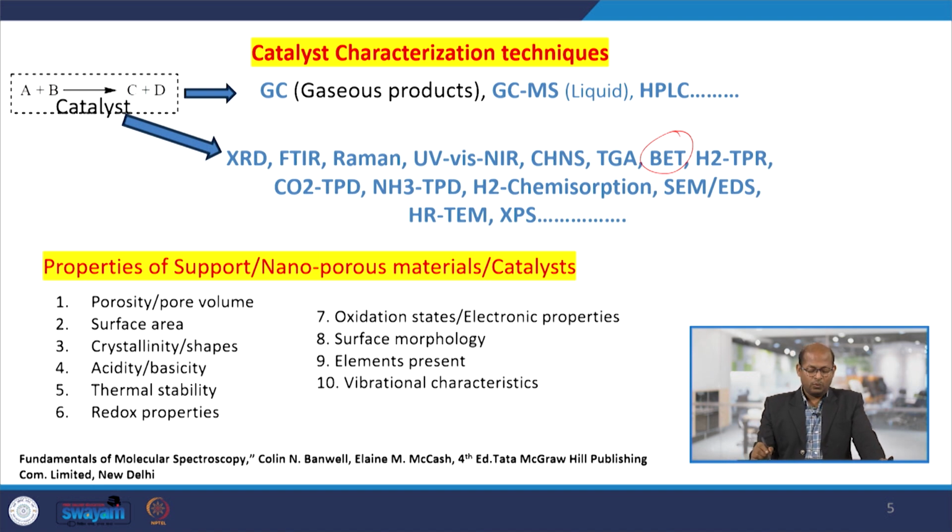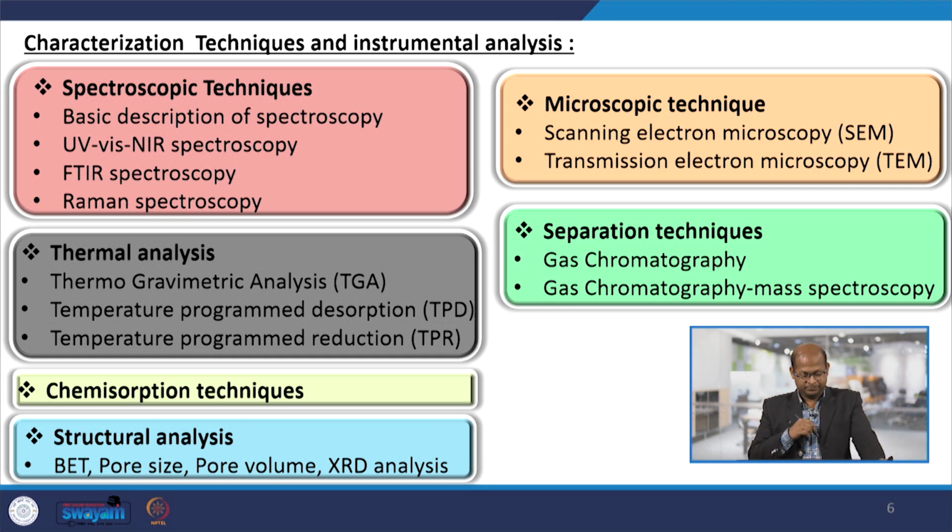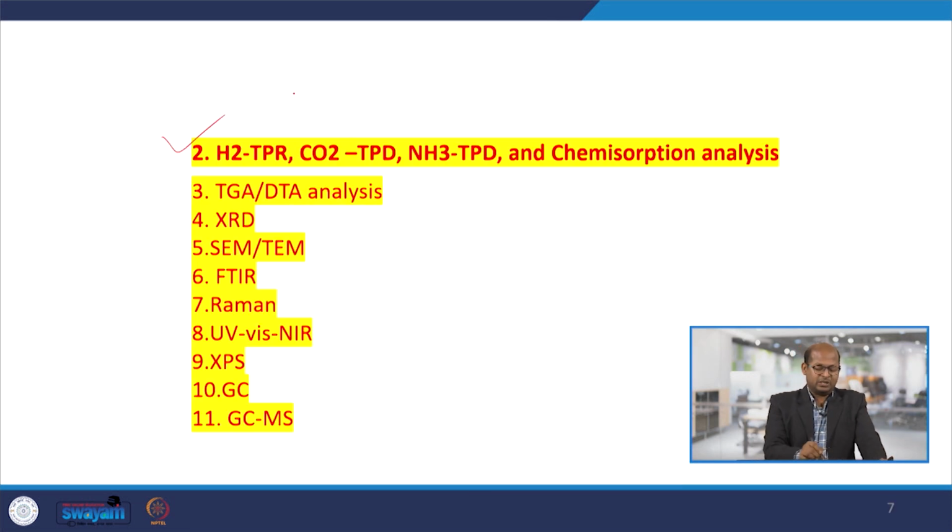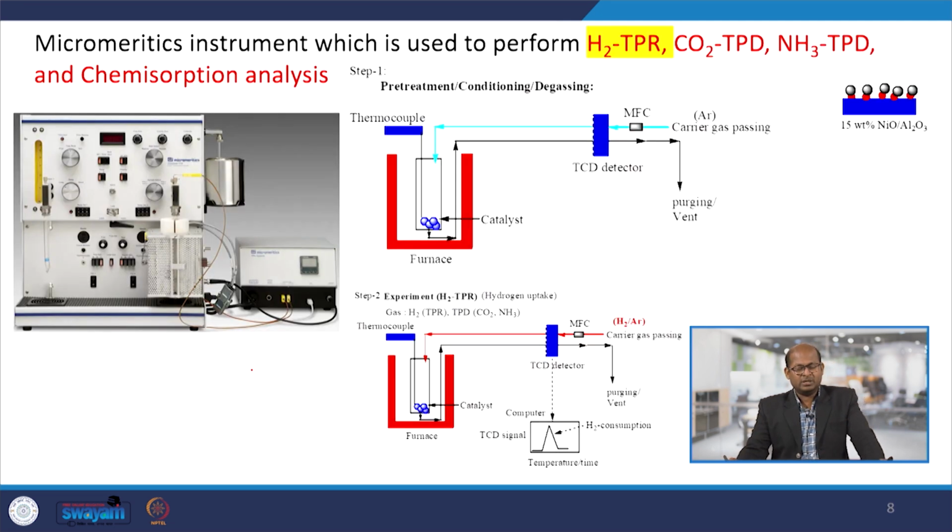Now we will discuss hydrogen TPR, CO2 TPD, ammonia TPD, chemisorption study, and then TGA, DTA, XRD, SEM-TEM, FTIR, Raman spectroscopy, UV-vis-NIR spectroscopy, XPS, GC and GC-MS. Very shortly we will discuss these, due to the time constraint.